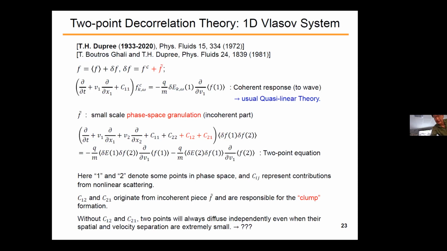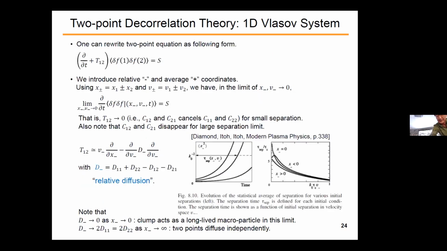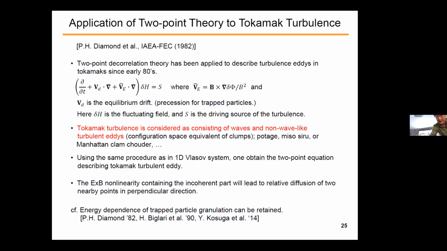This was first developed for a 1D Vlasov system. And Pat Diamond is the one who made this methodology quite popular in the magnetic fusion community, including the big diamond theory and many other examples such as trapped electron mode and so on.